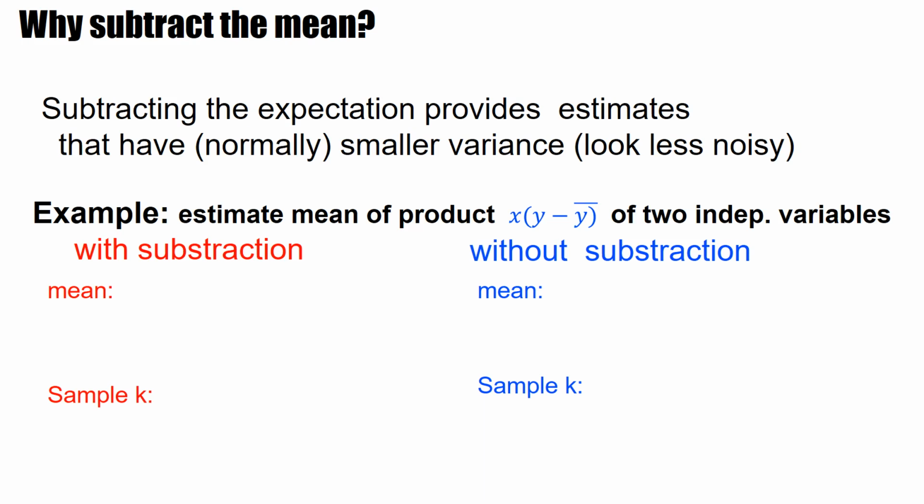Suppose we have samples k, and we want to have something like (x_k minus x bar) times (y_k minus y bar), where x bar is the mean over all the x and y bar is the mean over all the y.